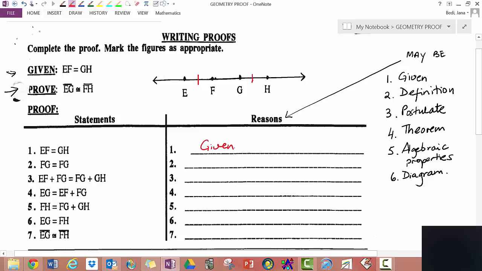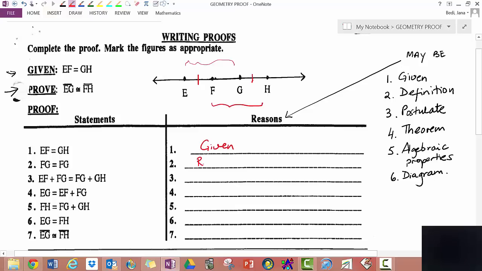Now, I notice that in order to prove that EG is equal in measure to FH, all I have to do is add FG to both EF and GH. So I am going to make a statement which seems very redundant to you, but the statement is FG equals FG.